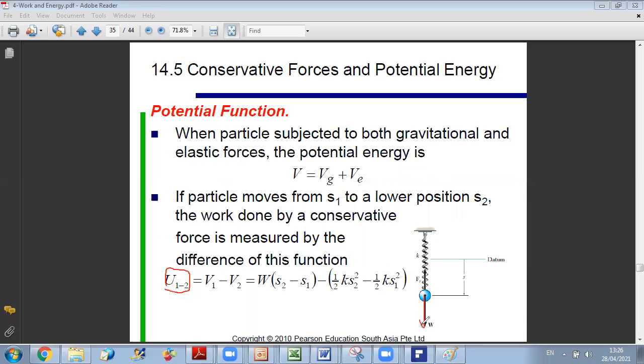I have the weight and I have the spring force, and both are conservative. When all the forces doing work are conservative, then I can get the work of these forces by the summation of potential energy at state 1 minus the summation of potential energy at state 2, because note that you always have elastic and gravitational. Okay, so we want to calculate this V1, which has the elastic and the gravitational potential.